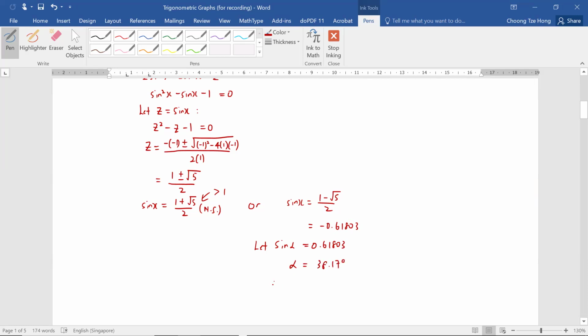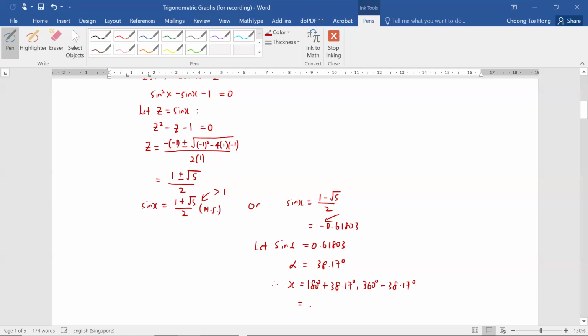Then since sine is negative, we're going to go for the third and fourth quadrant. In the third quadrant, x is going to be 180 plus the basic angle. And in the fourth quadrant, it's going to be 360 minus the basic angle.